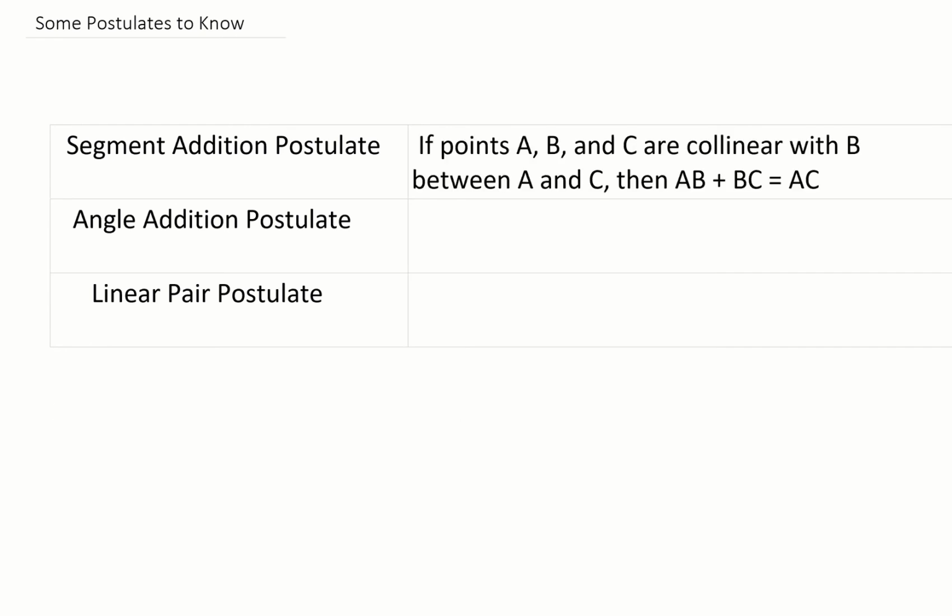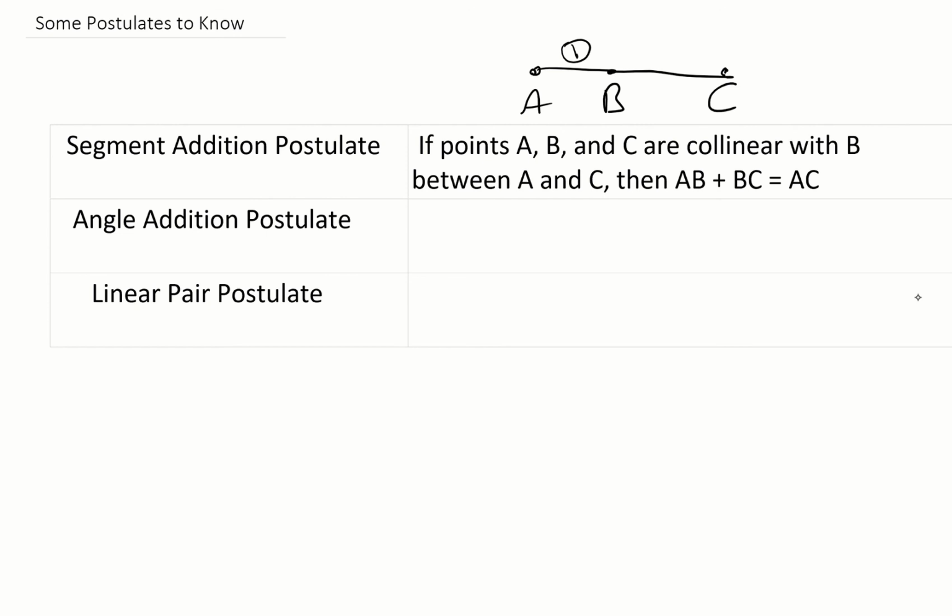So the segment addition postulate means that if you have three points that are collinear, meaning they're on the same line, for example if we have A, B, and C, so these are collinear, and B is between A and C, well then you can just add. So you have AB plus BC equals AC.